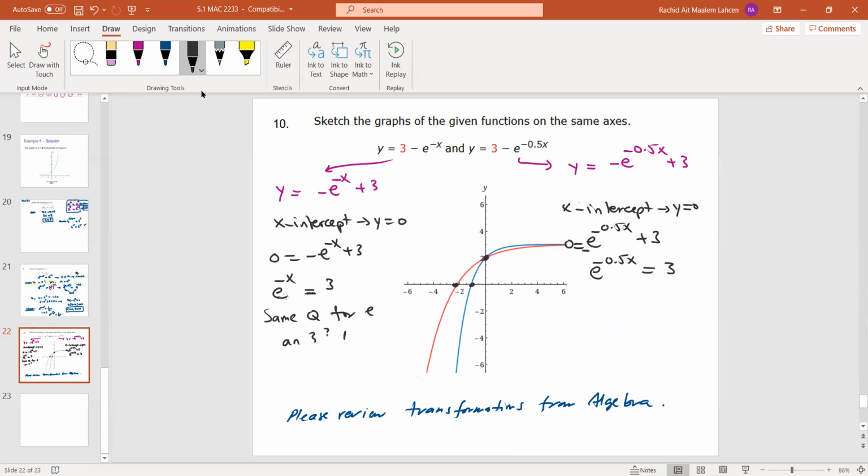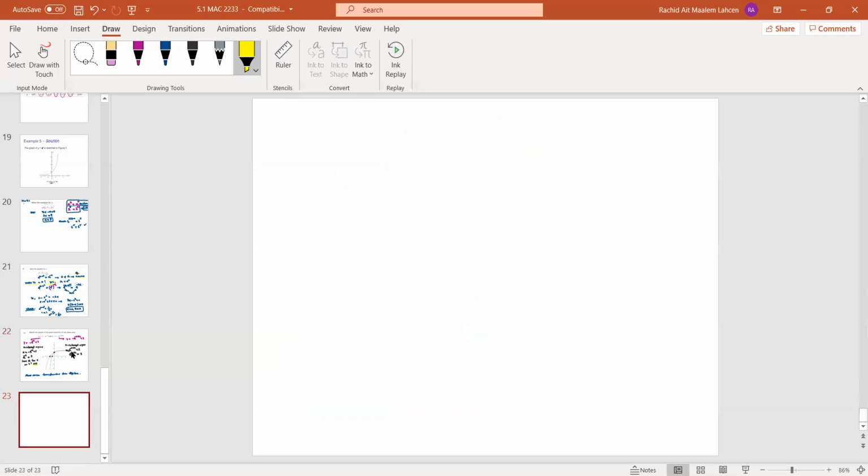The answer is no. If the answer is no, that means you need to take the log of both sides. And in this case, natural log is better. You can take the common log or natural log. So let's do it on this side here. So you have e to the negative x equal 3. We cannot make e a power of 3 or 3 a power of e.